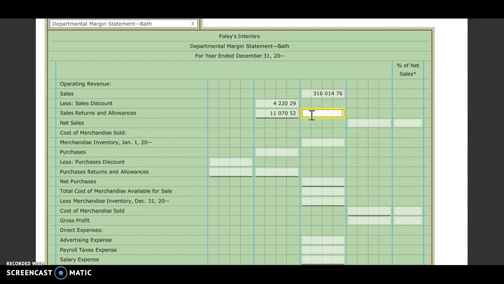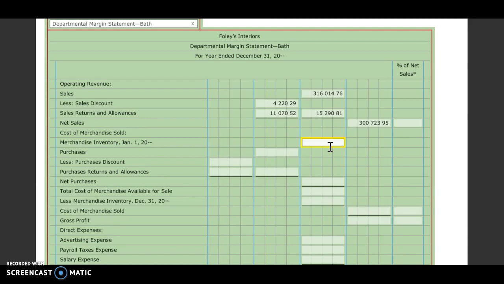We'll add those two together to get 15,290.81. And then to figure out our net sales, we'll take sales minus those deductions. We should get $300,723.95.